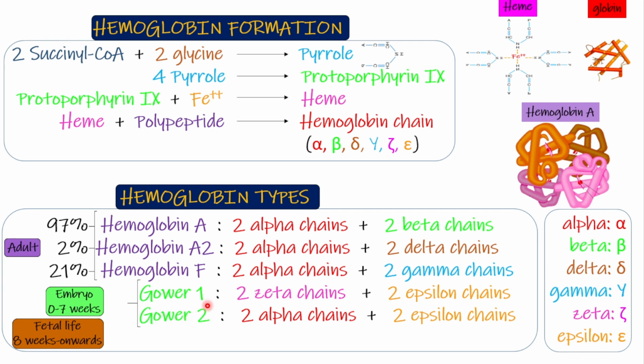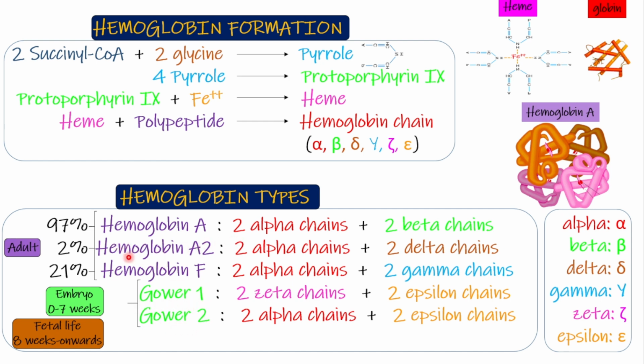Gower 1 has 2 zeta chains and 2 epsilon chains, whereas Gower 2 has 2 alpha chains and 2 epsilon chains. So in the embryo, from 0 to 7 weeks, there are two types of hemoglobin molecules present, Gower 1 and Gower 2.